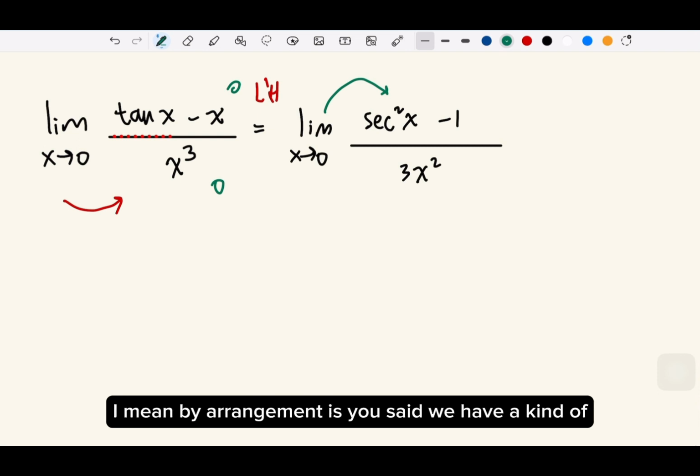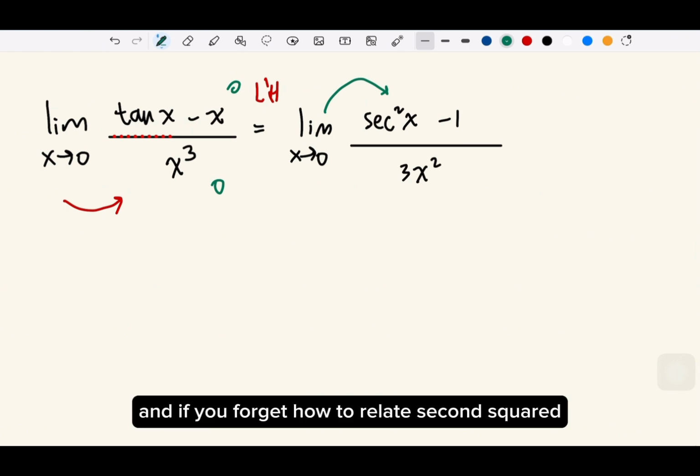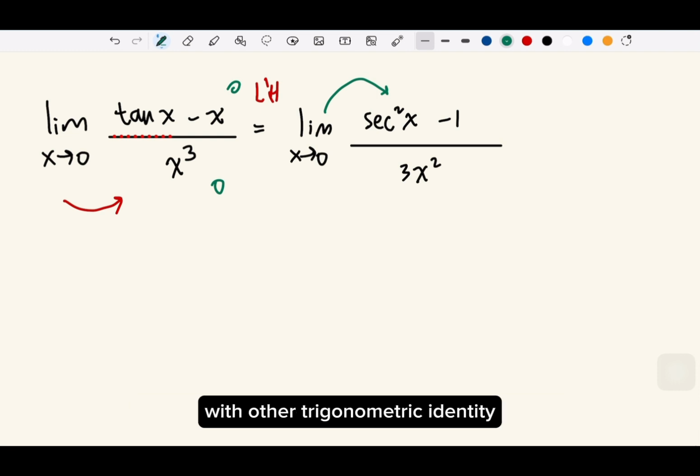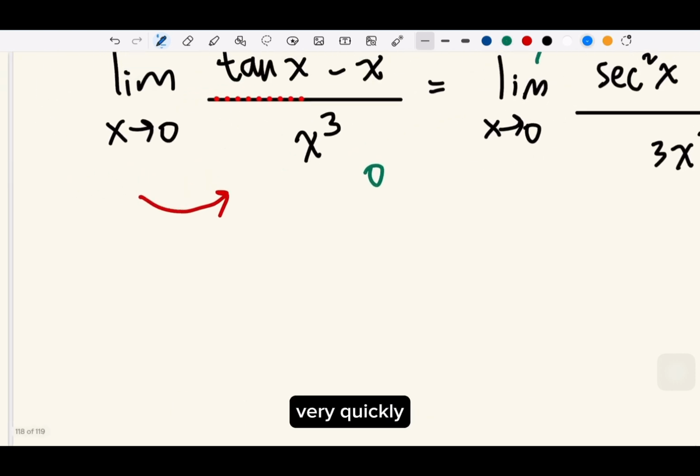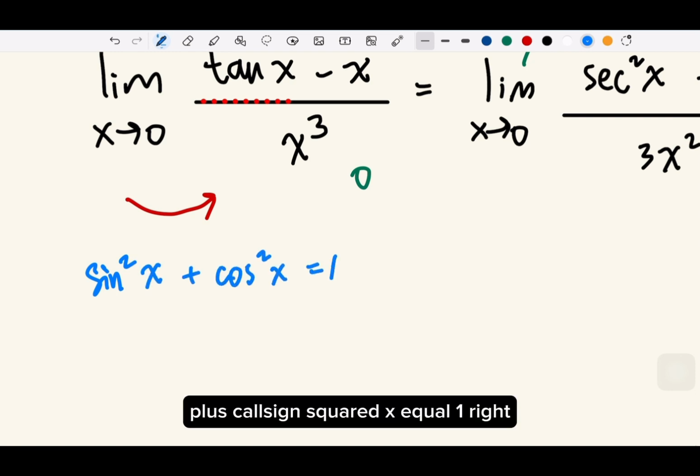What I mean by arrangement is usually we have a trigonometry. So can you relate some identity with this secant squared? Yes, that one. Okay. And if you forget how to relate secant squared with other trigonometric identities, you can start with the basic one. Let me explain very quickly. You can start from sine squared x plus cosine squared x equals 1, right?